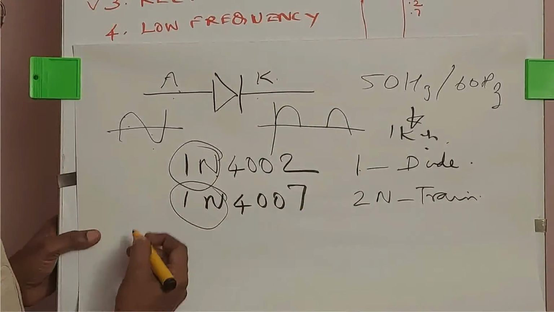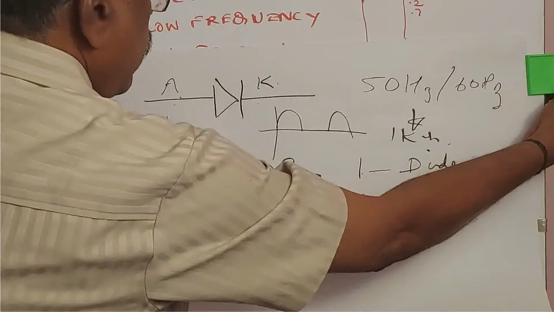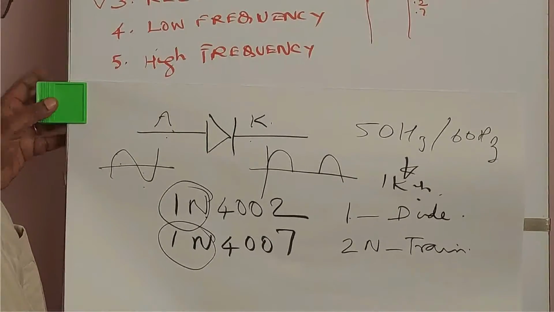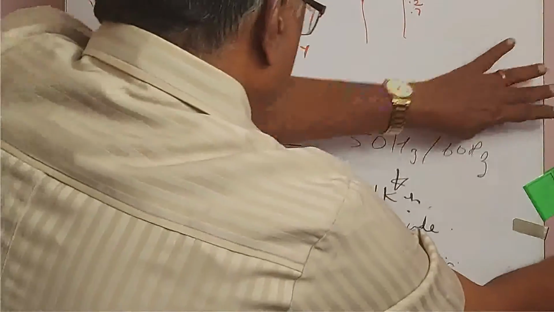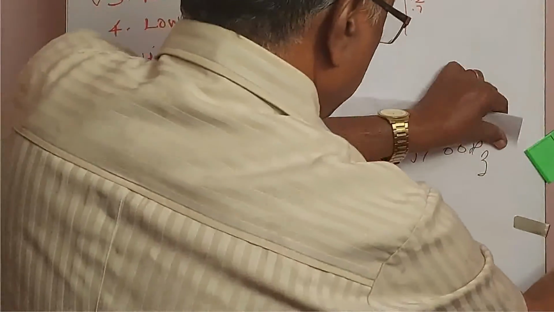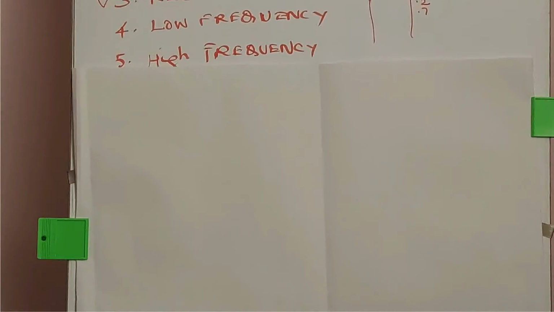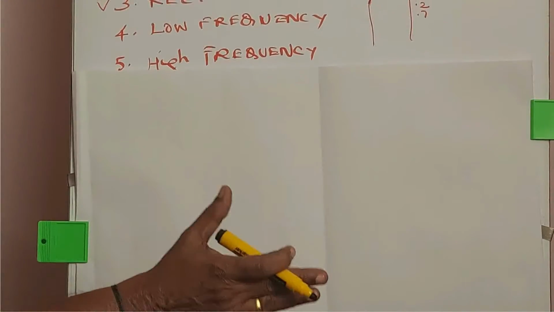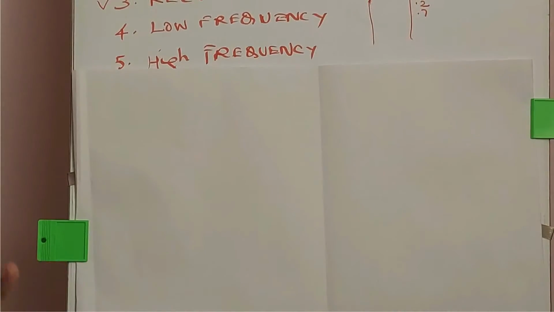And there are diodes which are useful for high frequency rectification. These are called high frequency diodes. What are high frequency diodes necessary for? Coming to high frequency diodes, I have already pointed out certain diodes like 1N4002, 4007. These are called low frequency diodes, rectifying the 50 Hz power supply.